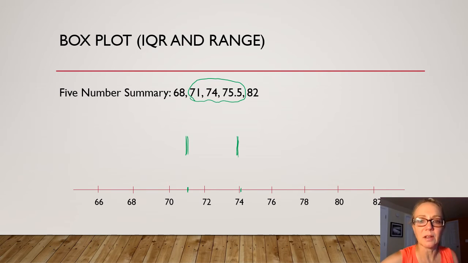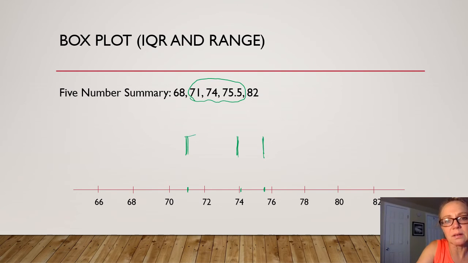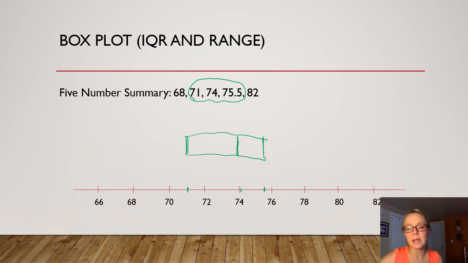And then 75.5, let's see, here's 75. 75.5 would be right about there. So I build that side of the box. I'm going to connect those now. This looks bad. I could do better on paper. So that's the center of my box plot.